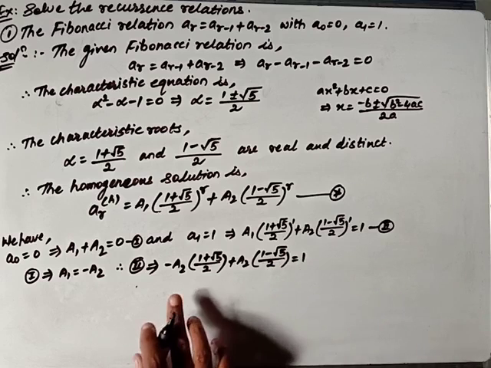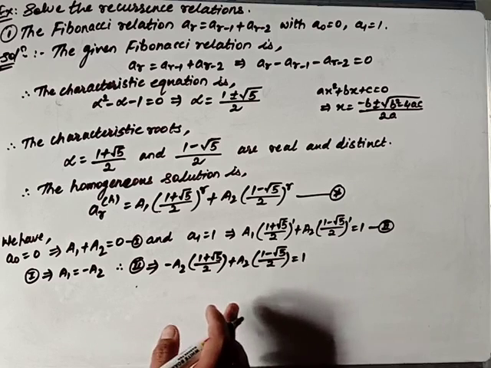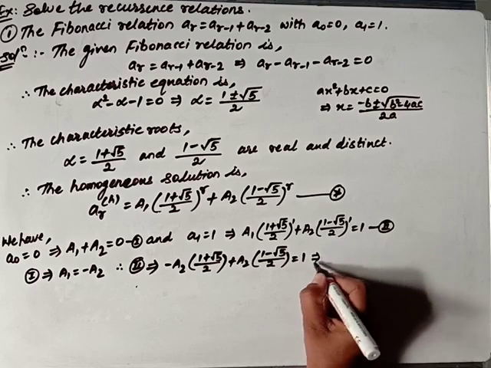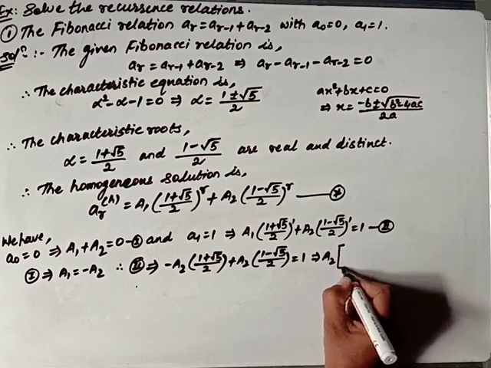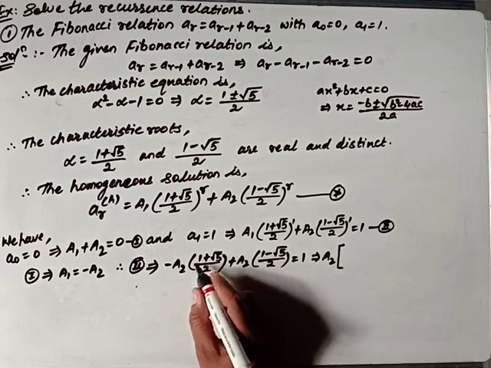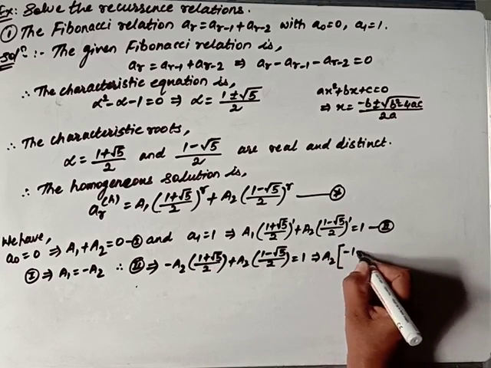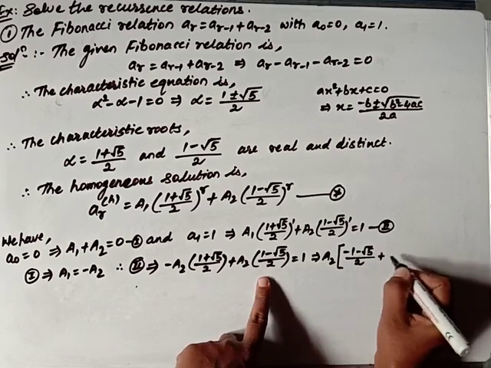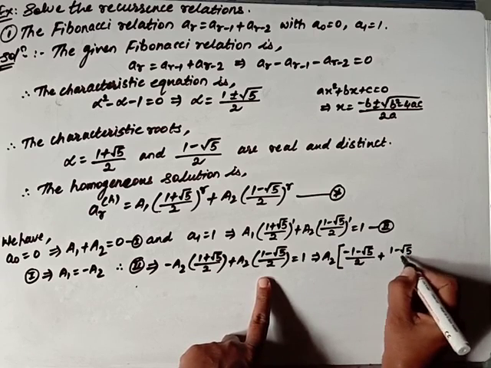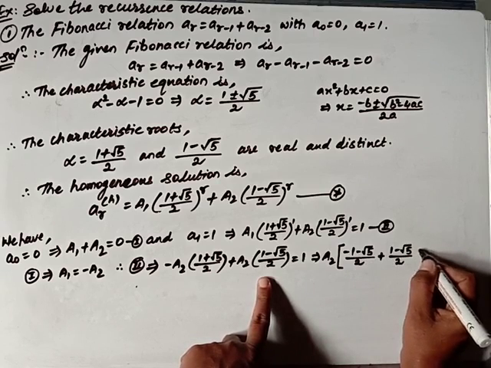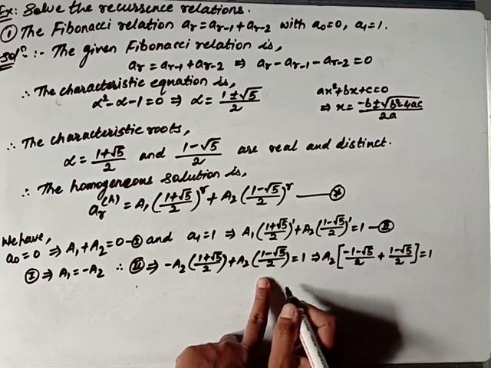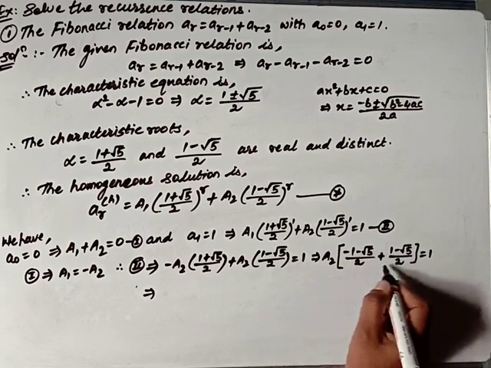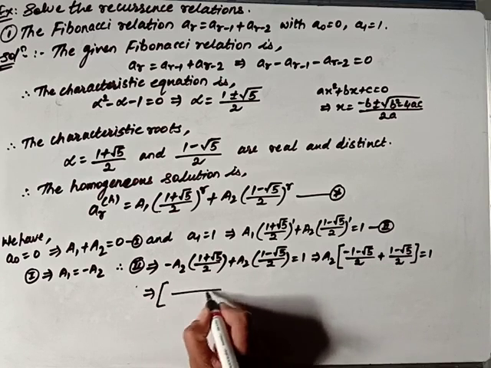1. Now we can take A2 common here. A2 into, now this minus will affect this, so it will be minus (1 minus root 5 by 2) and this will be plus (1 minus root 5 by 2), and that is equal to 1. Here the denominator is the same, so 2 as it is.